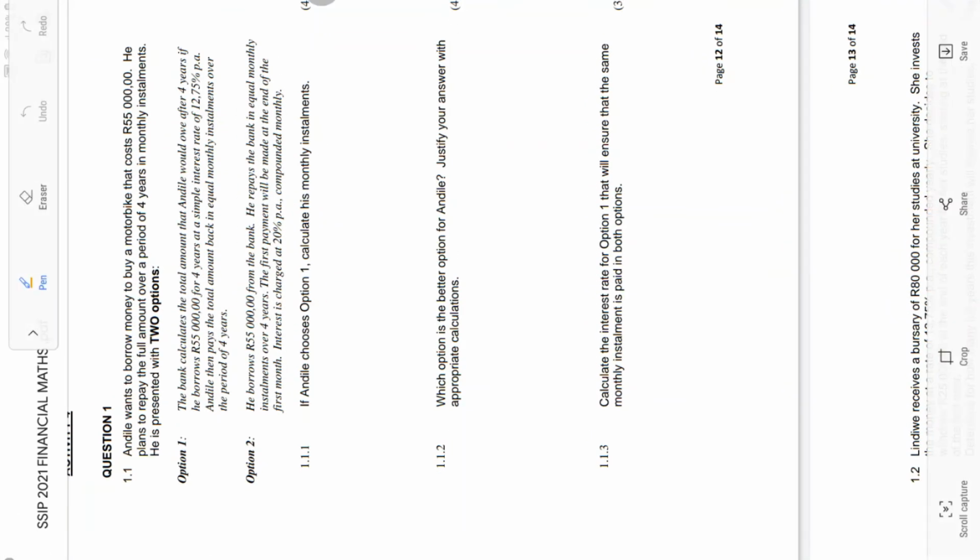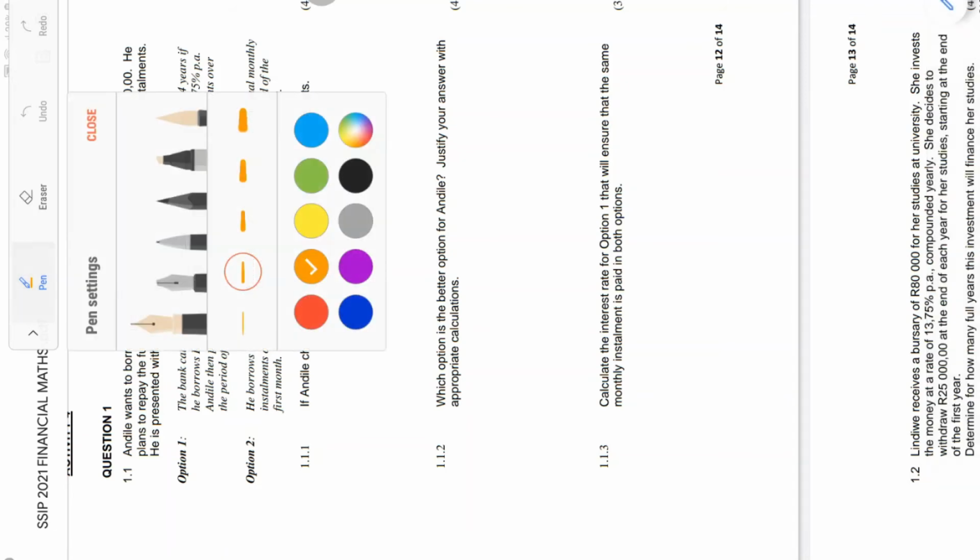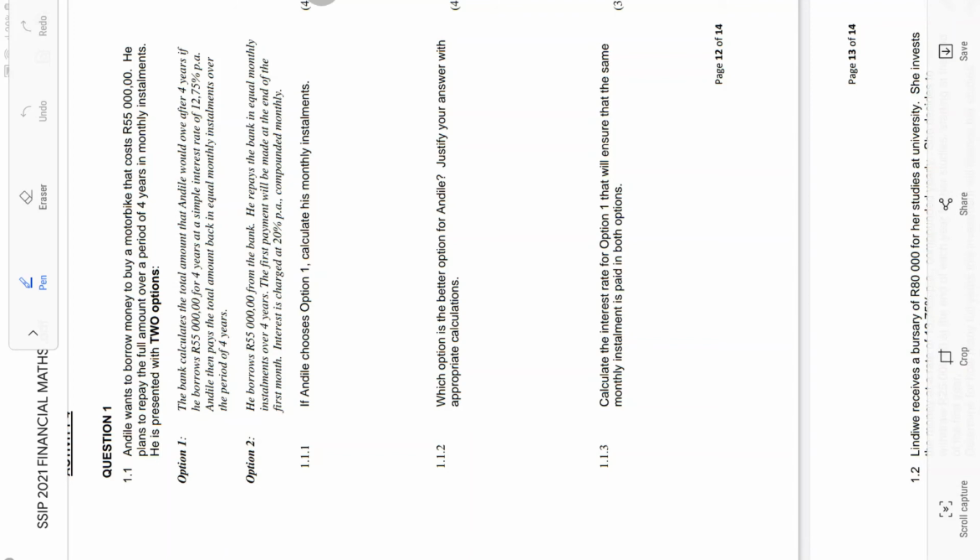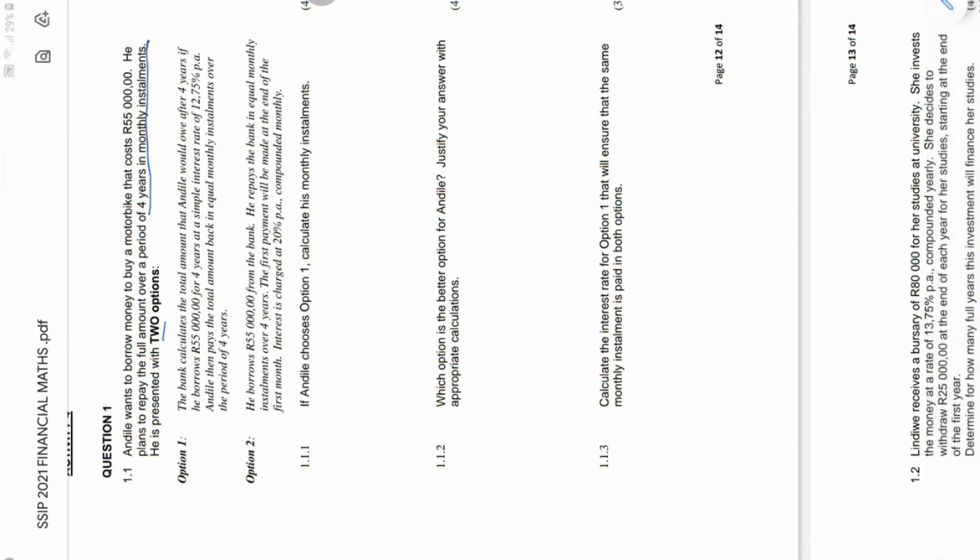says Andile wants to borrow money to buy a motorbike that costs 55,000 rands. He plans to repay the full amount over a period of 4 years in monthly installments. He is presented with 2 options.